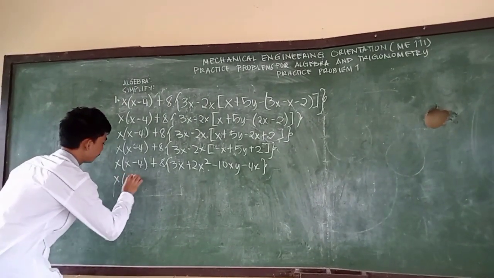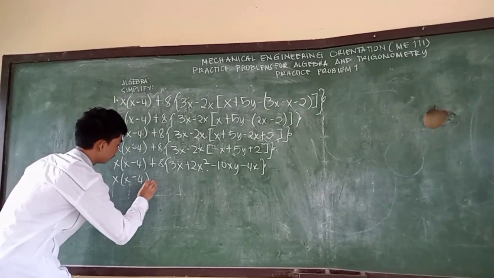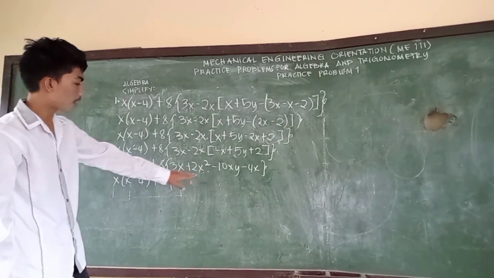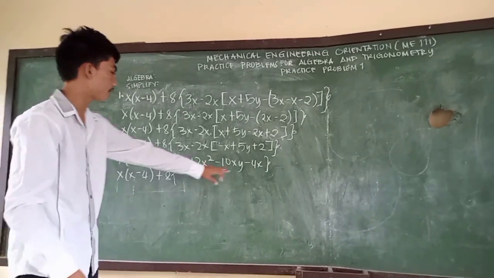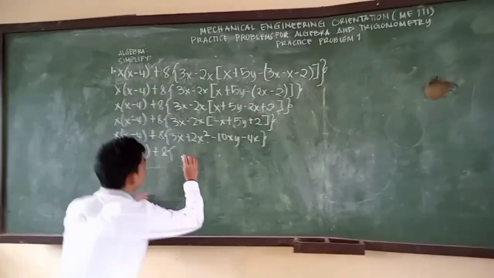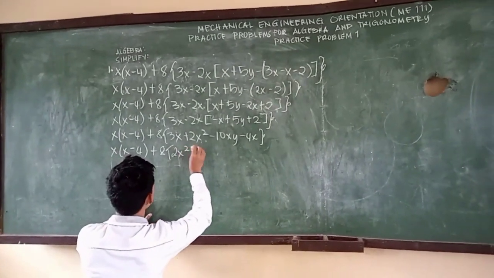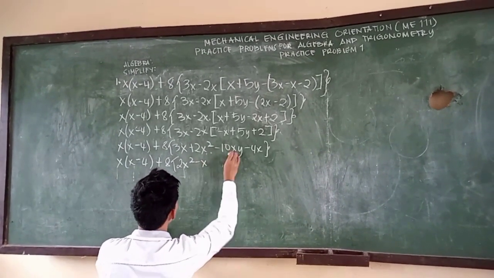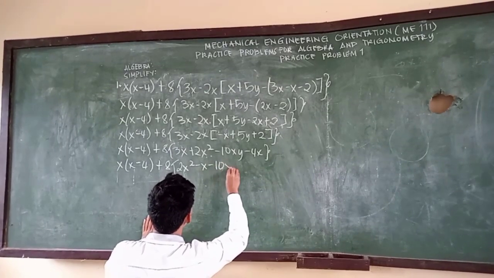Copy. So now we will combine like terms inside these braces. So we have 2x squared, 3x minus 4x is negative x, then copy negative 10xy.